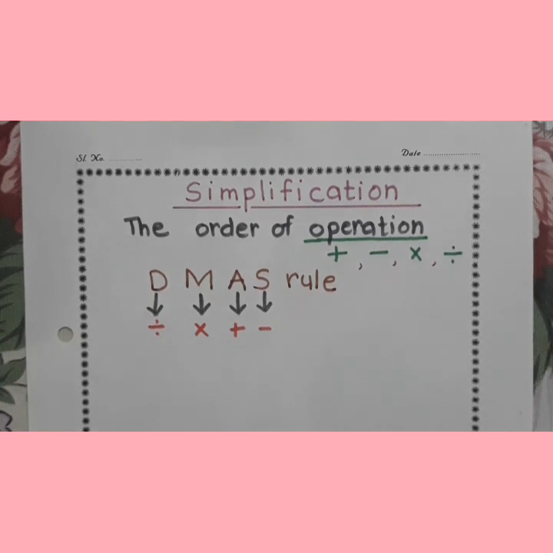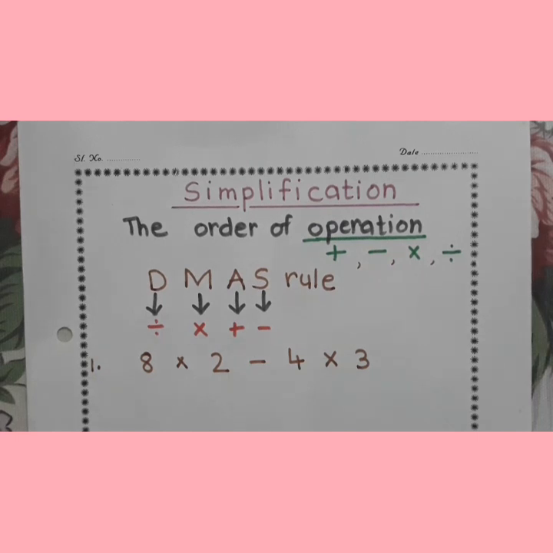So we'll be taking up the first question in which multiplication is also involved. So let's start. So our first question, if you can see, we have the two operations involved and they are multiplication and subtraction.